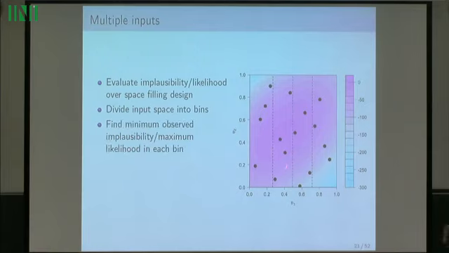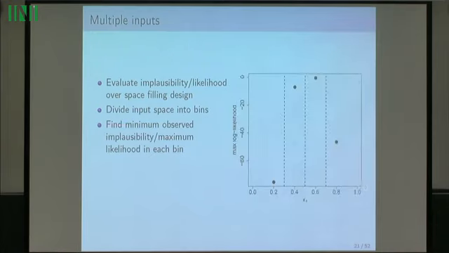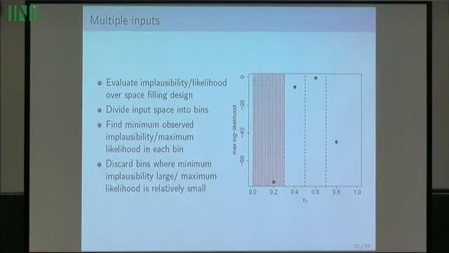Then within each bin I look for either my minimum observed implausibility or my maximum likelihood. So I look for the best fit inside each bin. If I can see bins where that best fit is very bad compared to other places, or in an absolute sense if it's with implausibility, then I can throw that part of the space away.